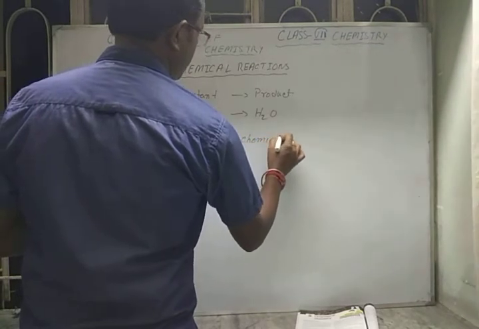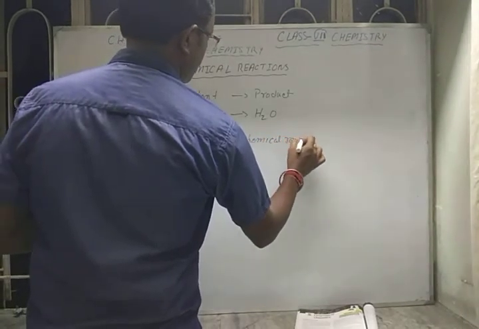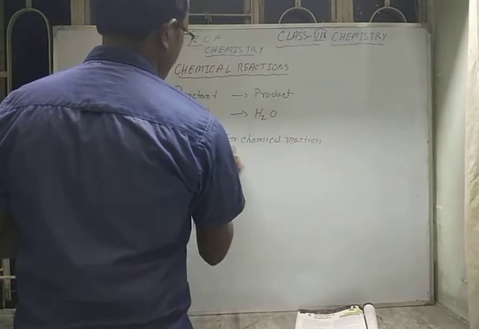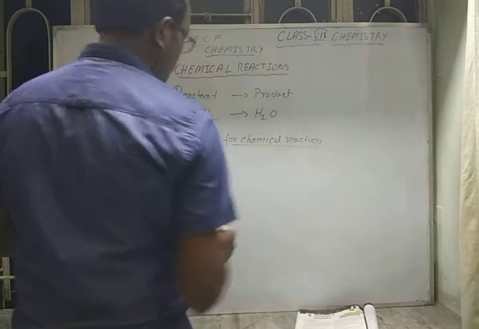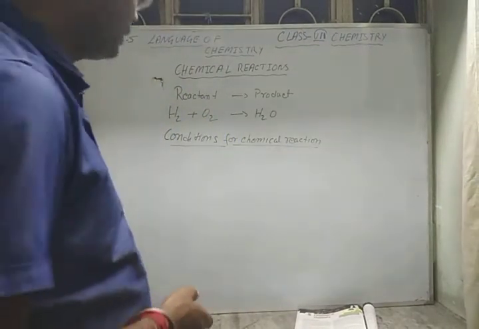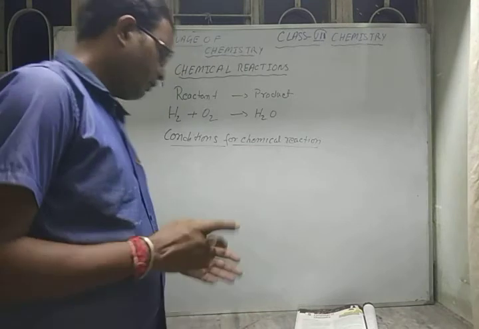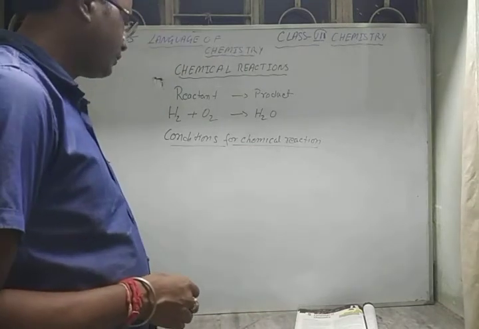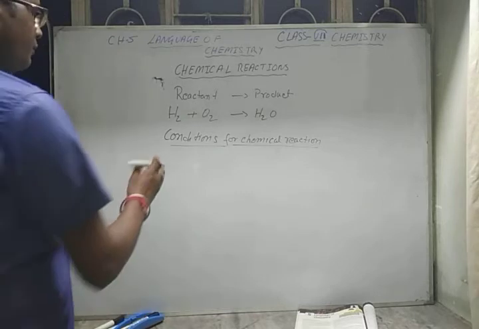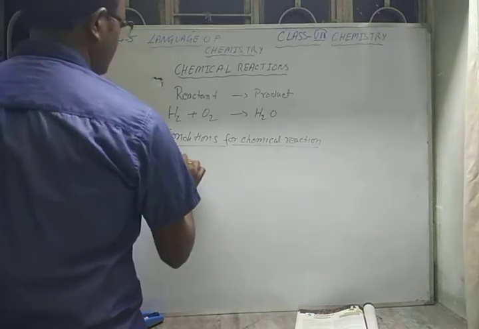What conditions are required for a chemical reaction to happen? The first condition required for a chemical reaction to happen, that is number one, is close contact.